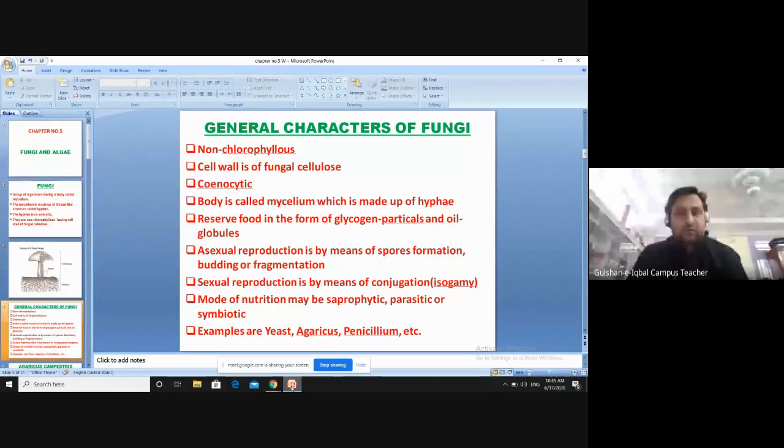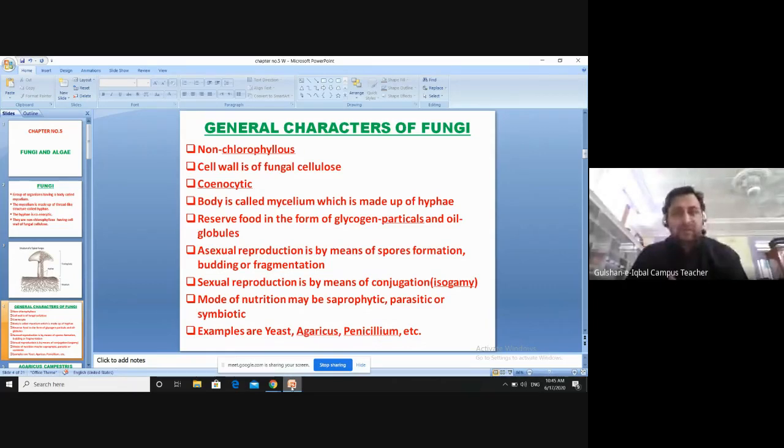They reserve their food in the form of glycogen particles. What are glycogen particles? Glycogen particles are the particles of carbohydrates, and oil globules in the shape of fats. So these are the two food reserves present in their body. One is glycogen particle, particle of sugar, particle of carbohydrate, and second is oil globules, the particles of oil, the particles of fats. They are present in the fungus body.